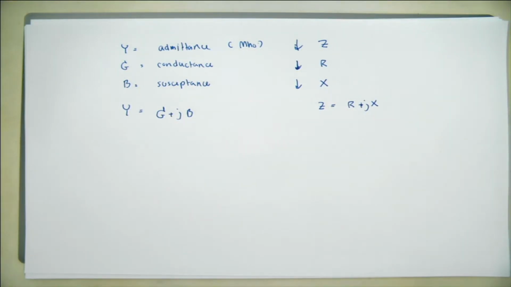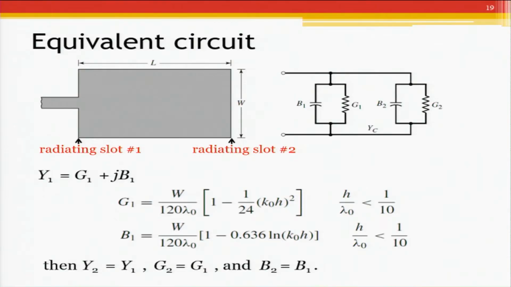In the case of our equivalent circuit, we represent this radiating slot by admittance because it's easier this way. Think of combining components: if you connect electrical components in parallel, it's usually easier to find the total by simply combining their admittances, and then convert it back to impedance later.